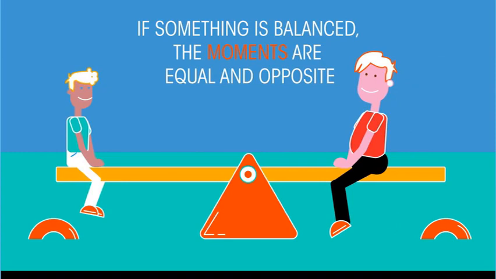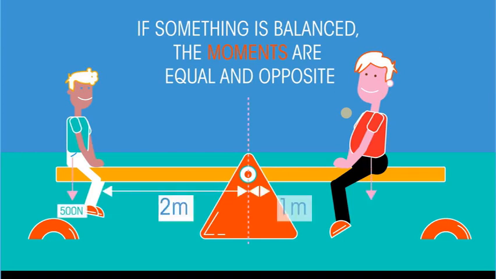As you can see, the two boys are on different sides of the seesaw, right? Let's just push it a bit further. You observe how they actually have different weights. They have different weights, but still the anti-clockwise moments will end up being equal to the clockwise moments. To be balanced, this lighter child needs to sit further away from the pivot, and the heavier child needs to be closer.